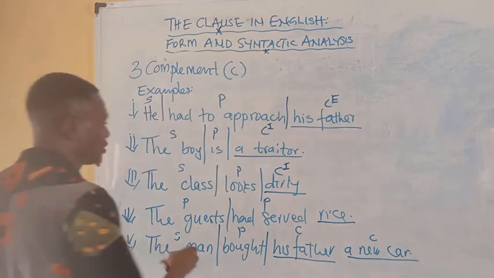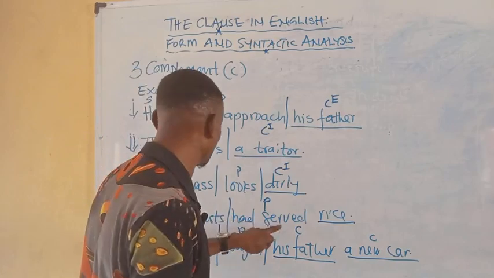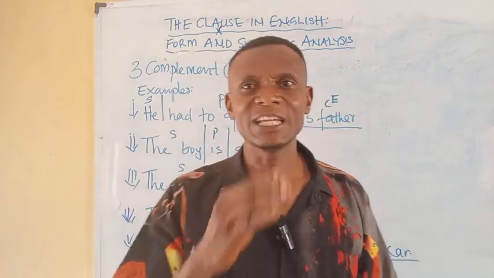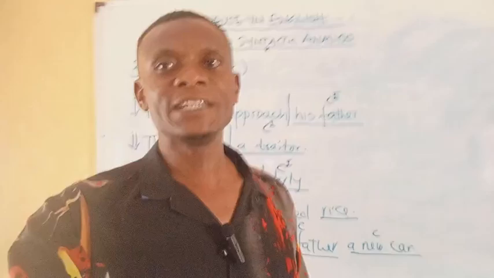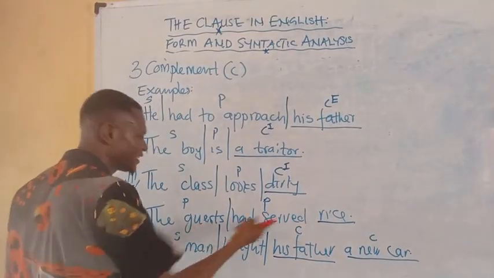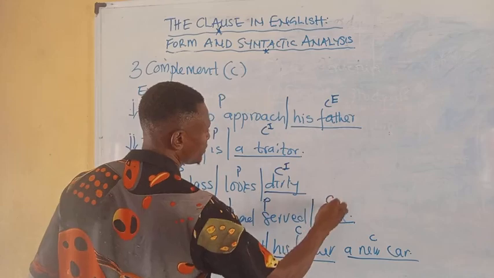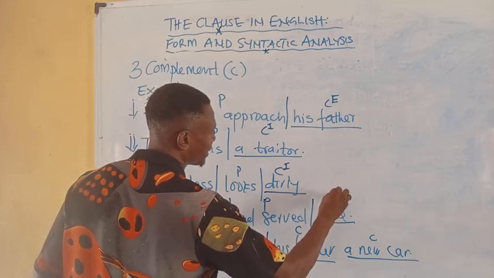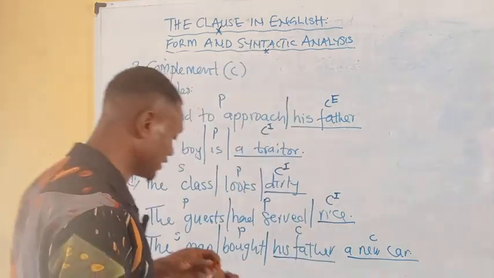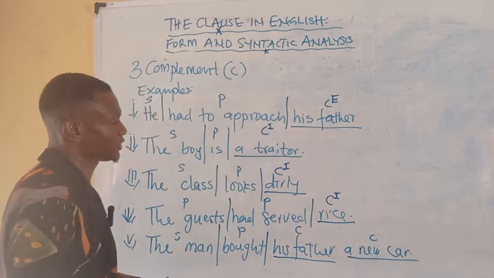So this one, we have: the guest had served rice. The rice here has to do with the guest. So what did they serve the guest? Rice. So this one will be complement intensive. So that is the difference between complement extensive and complement intensive.